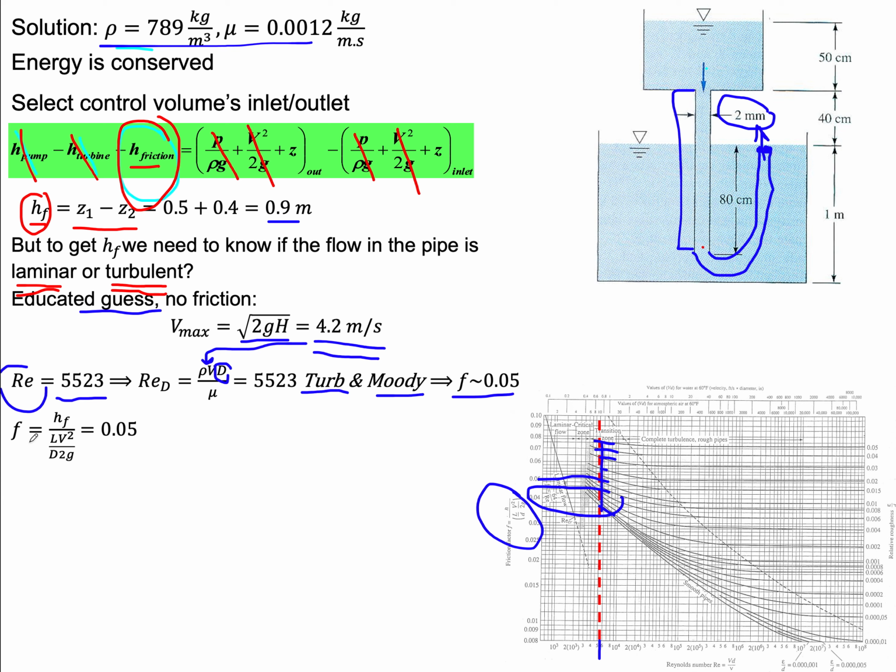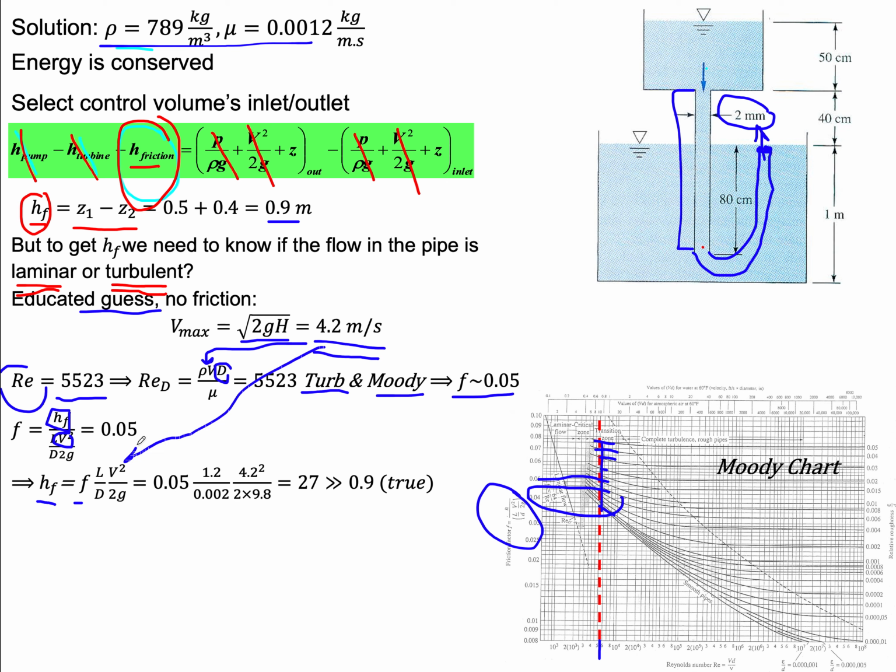So I've decided to just use the velocity in here as known, the guessed velocity, and just compute the hf. We have the f of 0.05, we sort of guessed it from the Moody chart, length L over D, and the velocity is the educated guess that we started with. So that gives me an hf for these conditions of 27.